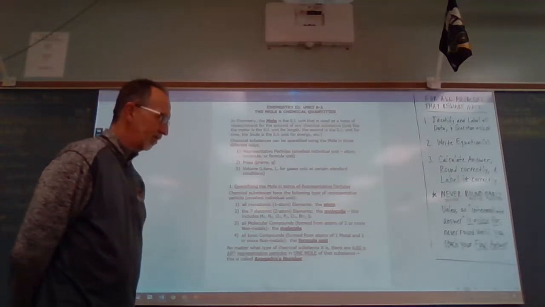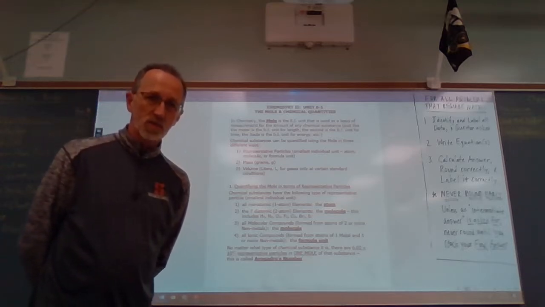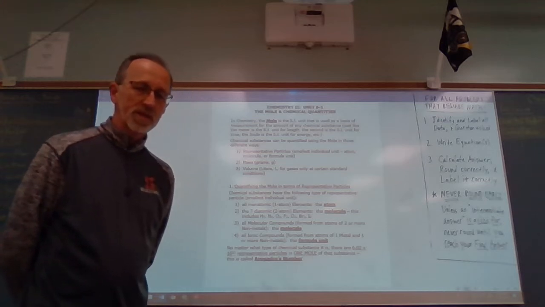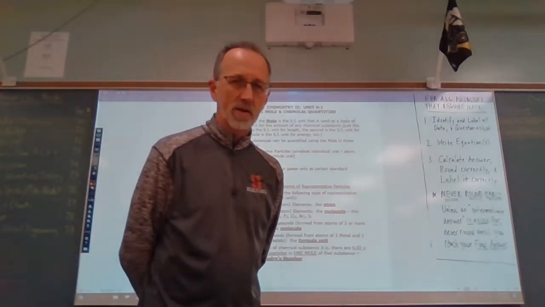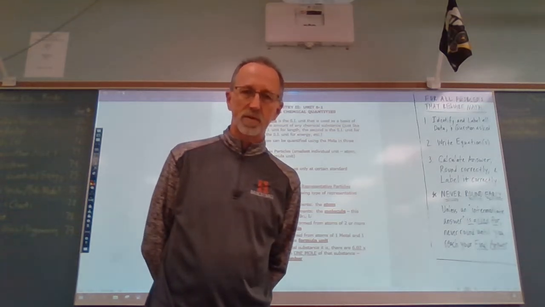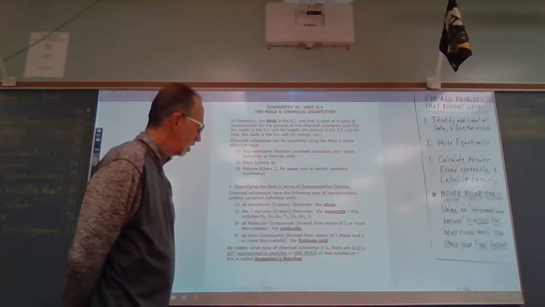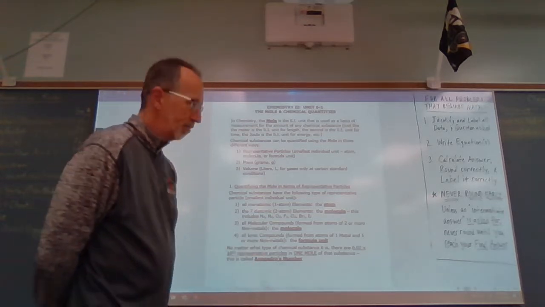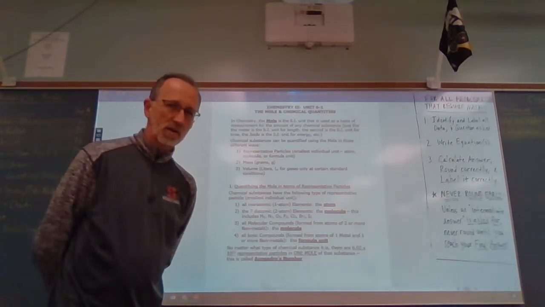Chemical substances have the following type of representative particle, or their smallest individual unit. First, all the monatomic elements. So remember, this is 111 out of the 118 elements on the periodic table. Their smallest unit is the atom, all right? That would also be their representative particle. For the 7 diatomic elements, remember Hankel fiber?